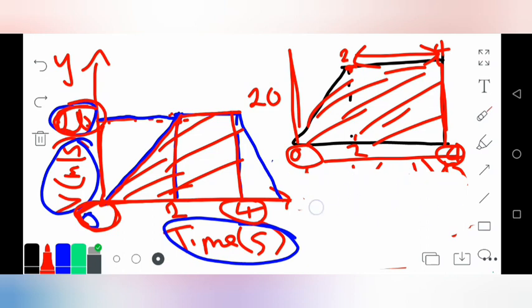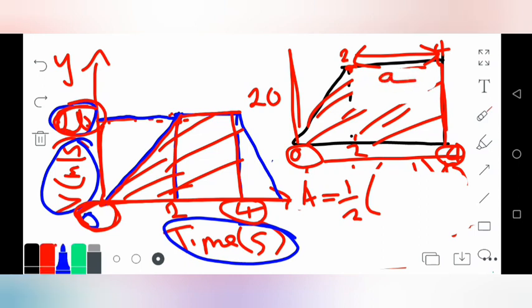Our area is half, open the bracket. Your a is between 2 and 4, and the base is all the way from 0 up to 4.